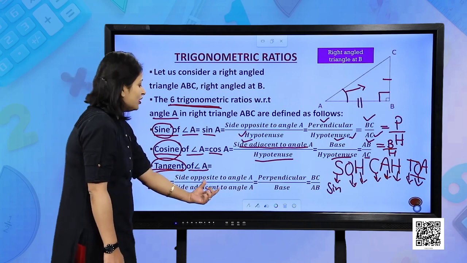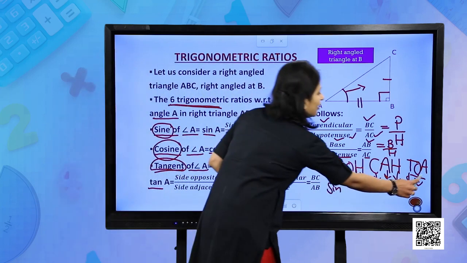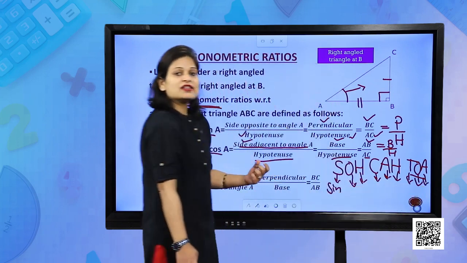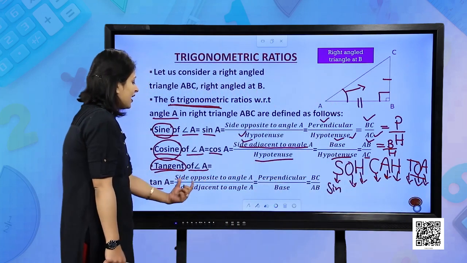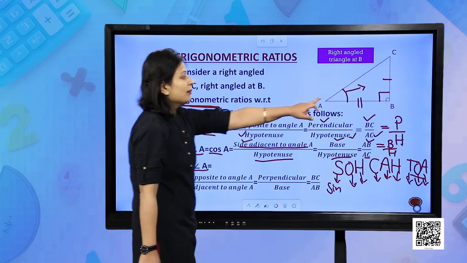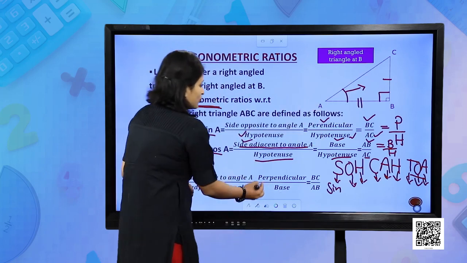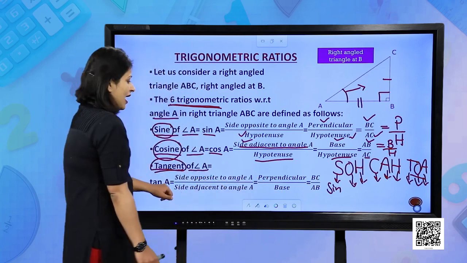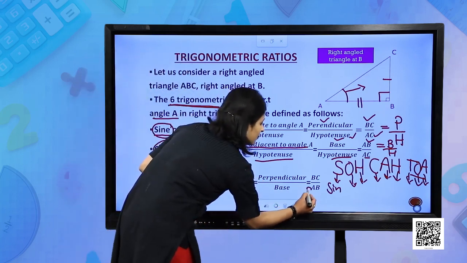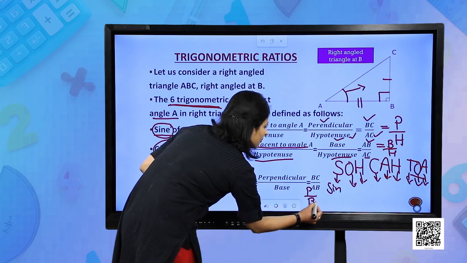A stands for adjacent side. So, side adjacent to angle A is called base, which is AB. So, you can also write tan A as perpendicular upon base.